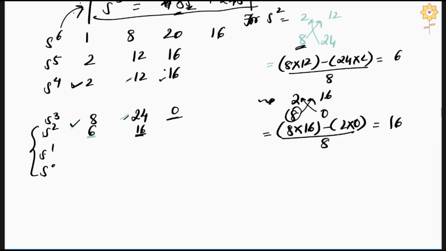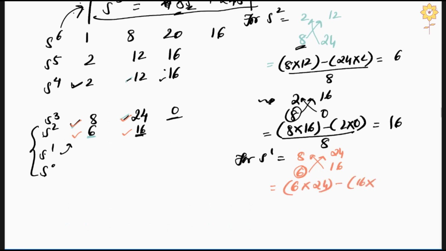Now, let us do it for S1. So, again preceding 2 values. So, you will use 8 and 6 first, and you will use 24 and 16, cross multiply starting from this location. So, you have 6 into 24 minus 16 into 8 upon 6.